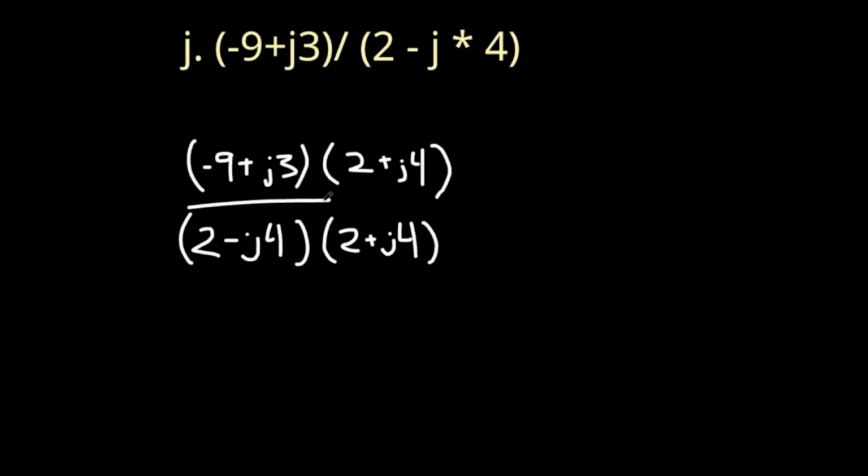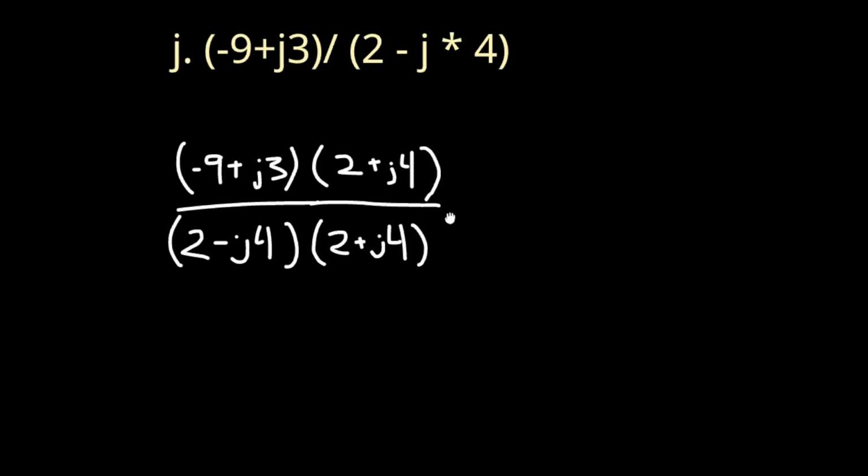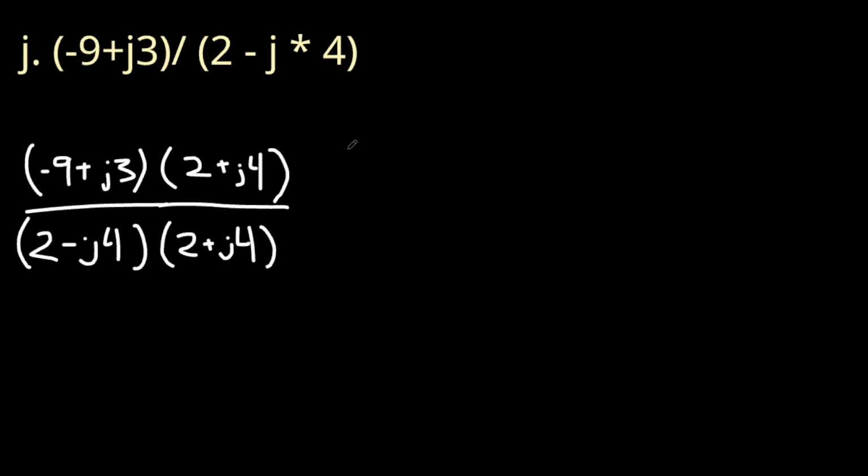And now we can do FOIL. Let's do that really quickly. Feel free to pause the video and do it yourself. Negative 18. Okay, so negative 18, let's separate this. 9 times 4 is 36, so negative 36j.